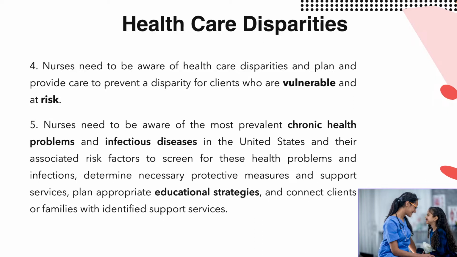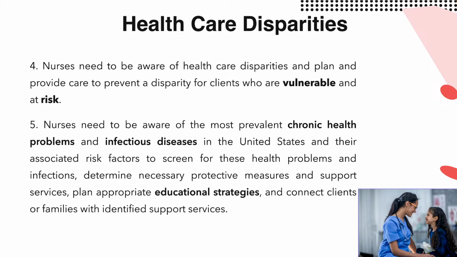Okay. So things you need to be aware of are chronic health problems and infectious diseases in the United States for this population. Also, what the risk factors are, how to screen for these health problems and infections as well, and determine what the protective measures and support services are available to this population at increased risk.